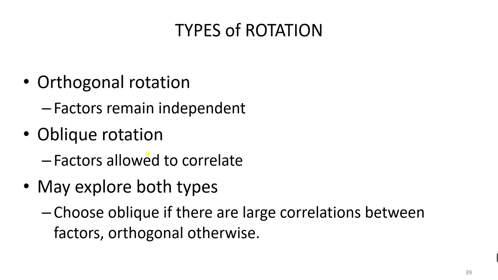Generally, rotation nowadays is done using algebraic methods, so computers do certain calculations. But to give you the idea of rotation, I will start with visual rotation, the graphical rotation, so that you can have an idea.